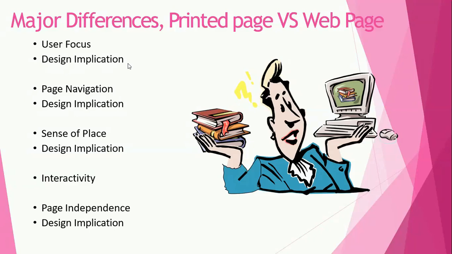It is not dynamic information, it is static information. And once this information is given to the user, you cannot change any information which is printed on the hard copy, can you? But web page design is different, isn't it?